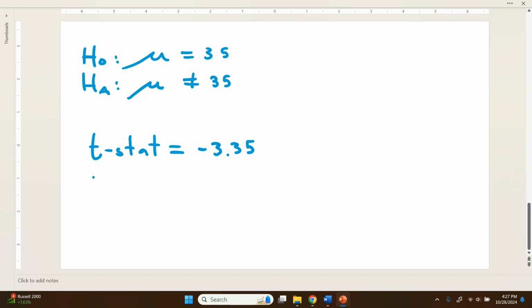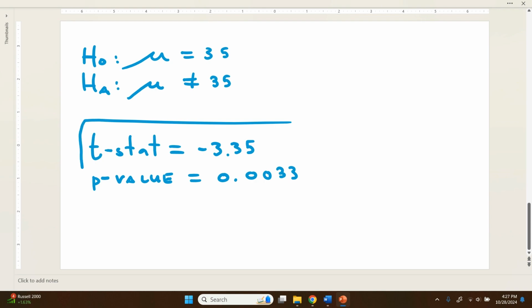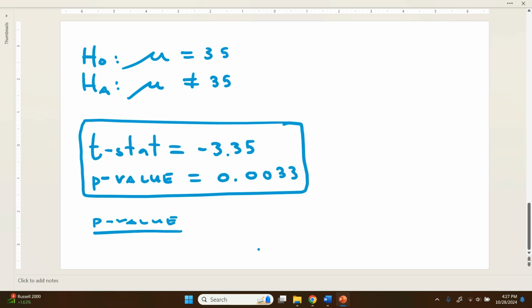And our probability value, p value for short, was equal to 0.0033. So these two pieces of information were given to us from the software. Very useful for us. Now we're going to take this and put the p-value, 0.0033, next to our significance level that was given.